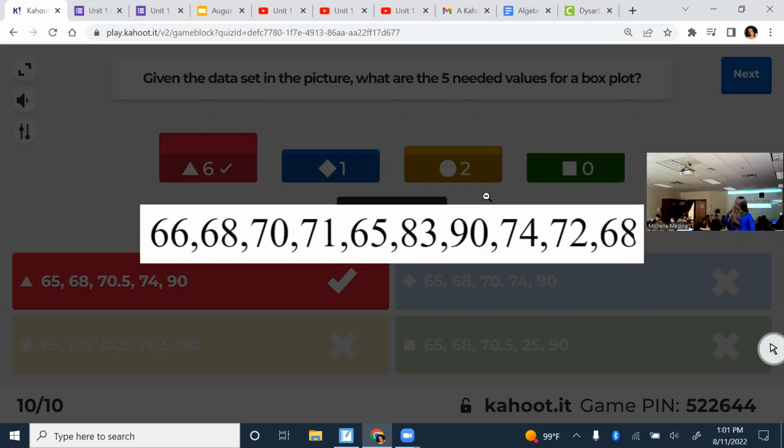What should you do maybe before you even find your minimum and maximum? Put the numbers in order, sort them from least to greatest. That's what you should do first, because are they in order? So what would be the correct order of the numbers?